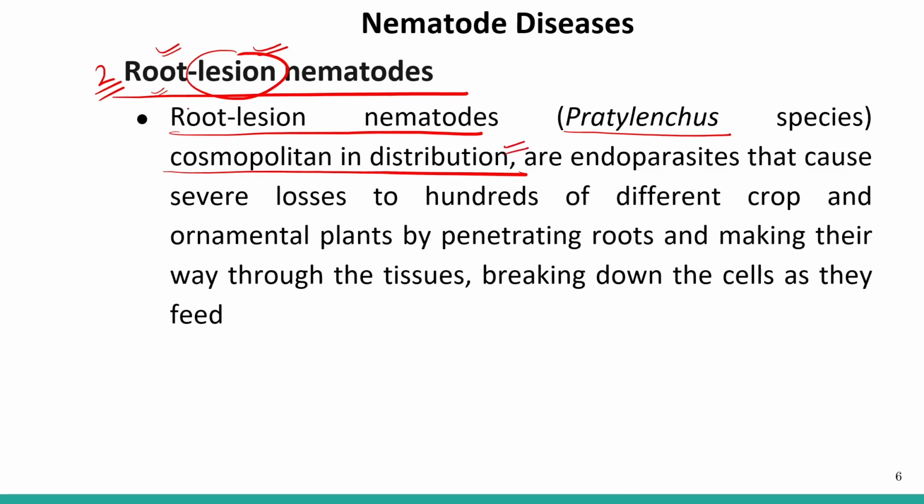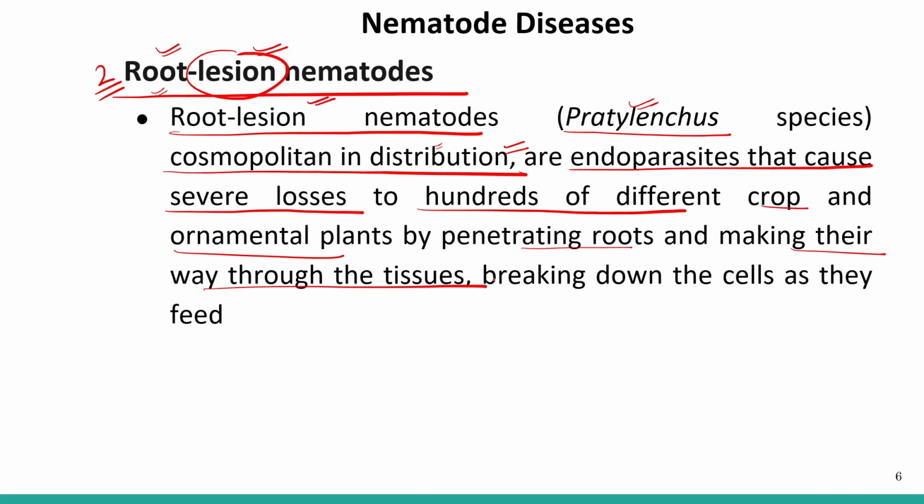These nematodes that cause root lesions, Pratylenchus, are endoparasites that cause severe losses to hundreds of different crops and ornamental plants by penetrating the roots and making their way through the tissues, breaking down the cells as they feed.